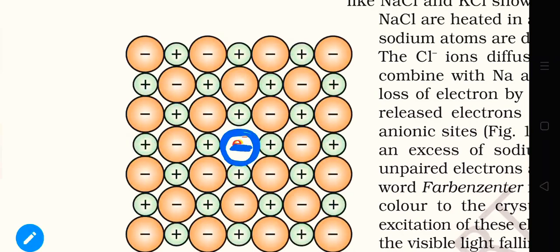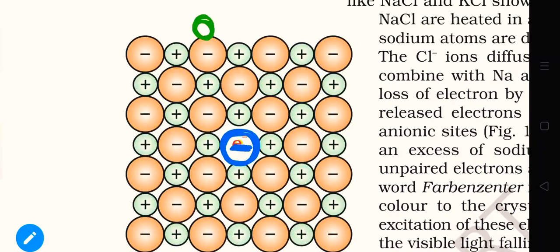That means the atmosphere contains sodium vapors in the atomic state, and we are heating the NaCl salt in presence of that Na vapor. Some of the Na atoms will occupy the surface of this crystal. Usually they will be present at this location. Let us assume one sodium atom occupies this location.